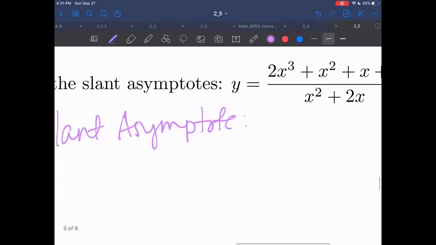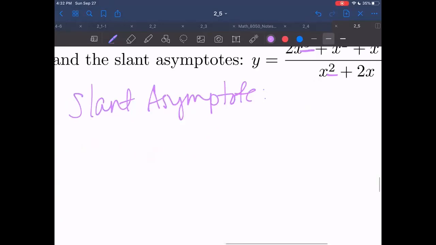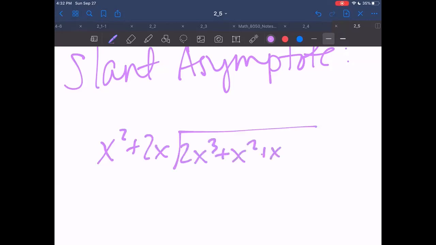Okay, we know we have a slant asymptote because the highest degree of the numerator is 1 more than the highest exponent in our denominator. So we do polynomial long division to find our slant asymptote. It'll be x squared plus 2x divided into 2x cubed plus x squared plus x plus 3.